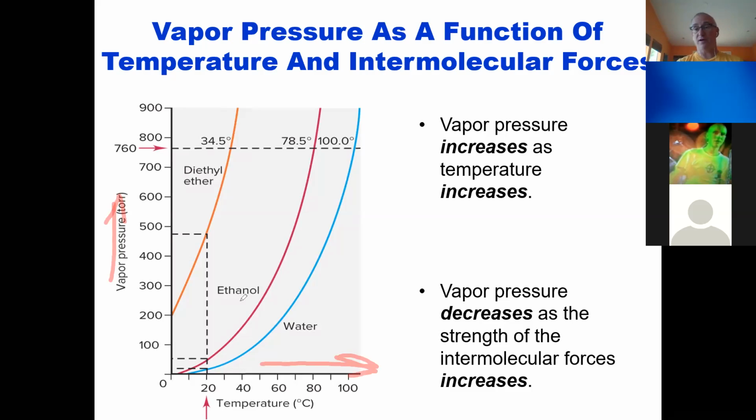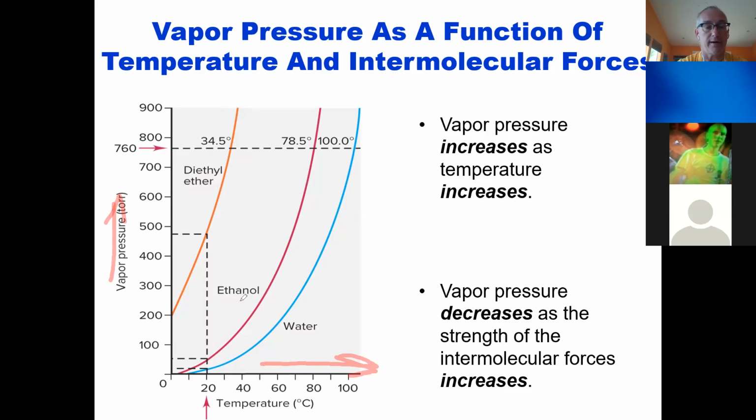And this will be true regardless of what we're dealing with, anything from helium to iron. As we increase the temperature, the vapor pressure is going to go up. It's just a matter of how quickly, and how quickly is dependent on the intermolecular forces.